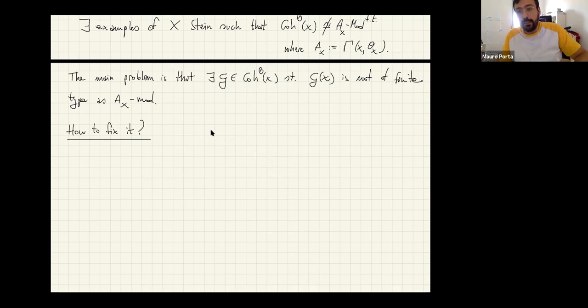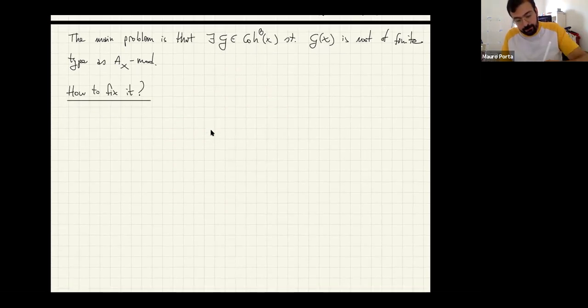Okay, and the key idea is the following. Consider the following objects.